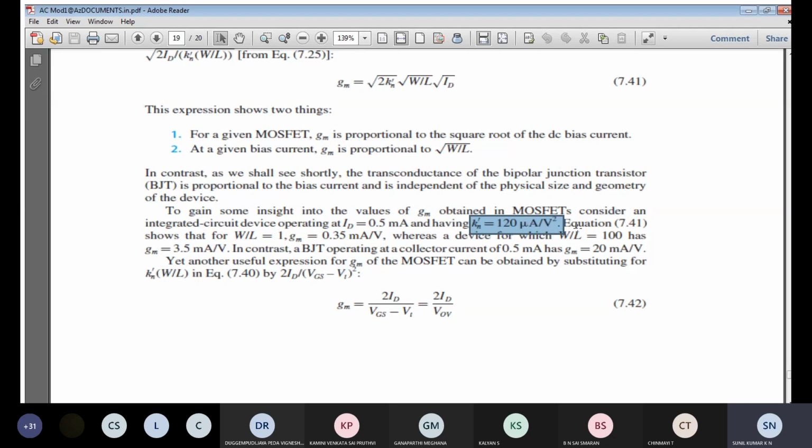Using equation 7.41, for W by L equal to 1, Gm is equal to 0.35 milliamp per volt, whereas a device for which W by L is equal to 100 has Gm of 3.5 milliamp per volt.